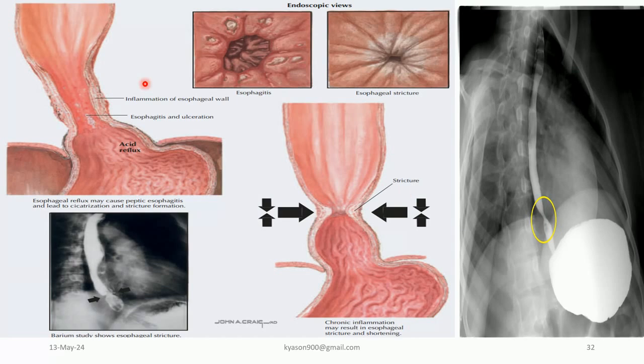Because of the ongoing inflammation, this affected area can contract, as you can see, or what we call cicatrization, to result in abnormal narrowing, or what we call a stricture. There's a stricture there, and you can see another stricture here.